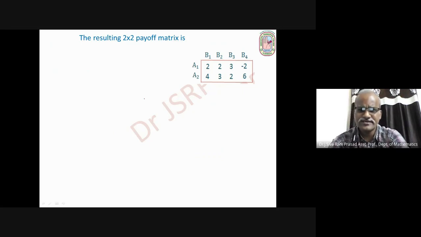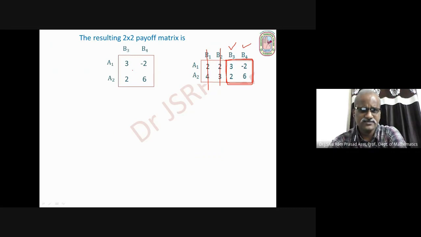The resulting 2 by 2 payoff matrix takes only B3 and B4 from the original matrix. That means the first and second strategies are eliminated for player B. Player B has only two options, B3 and B4.